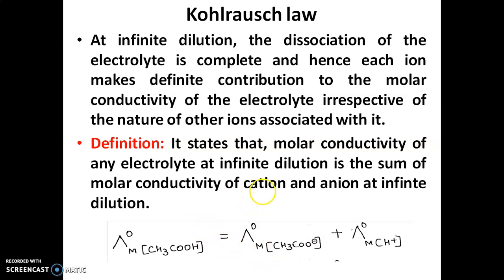For example, the molar conductance of acetic acid at infinite dilution is equal to the molar conductance of its anion, in this case the negative ion CH3COO minus at infinite dilution, plus the molar conductance of the cation, in this case H plus, at infinite dilution.